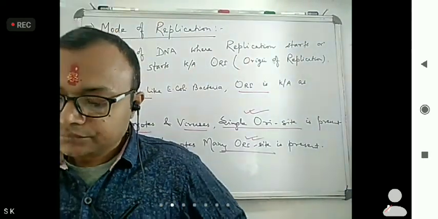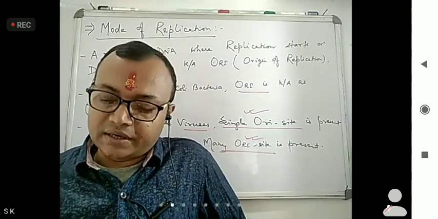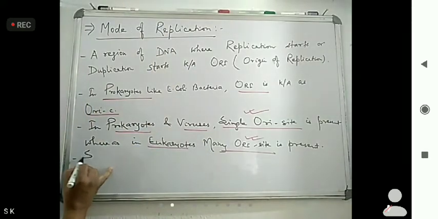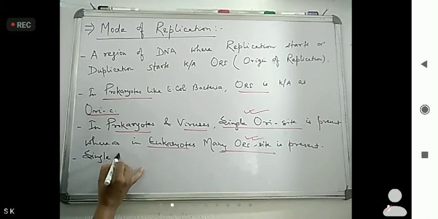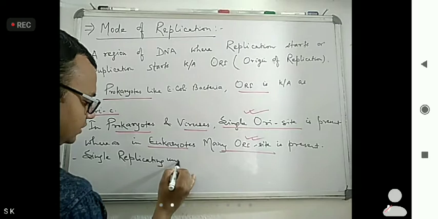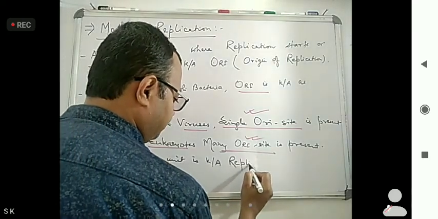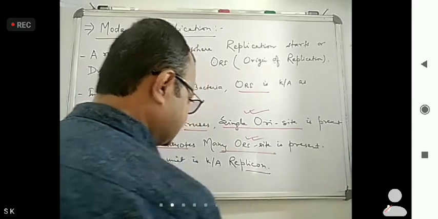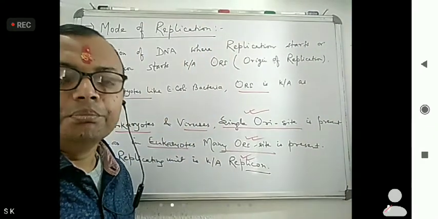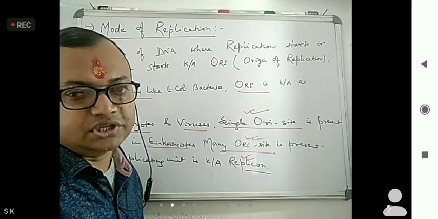Okay, now a single replicating unit is known as a replicon. Now questions are asked: prokaryotes contain one replicon, many replicons, 10 replicons, 5 replicons, or none of these, like that questions will come.